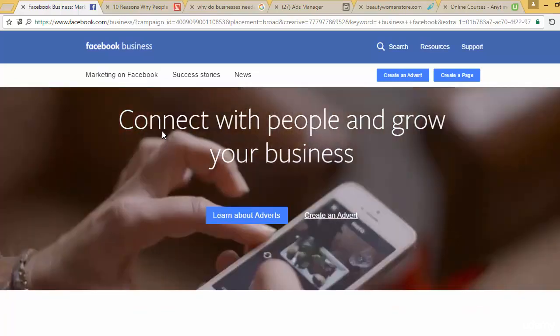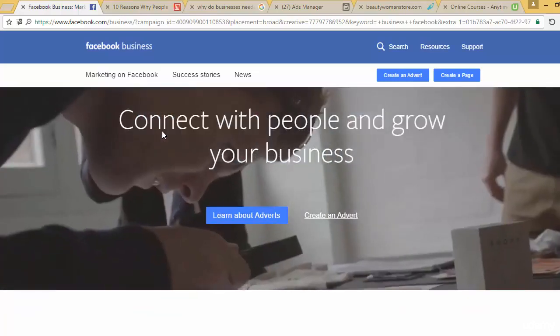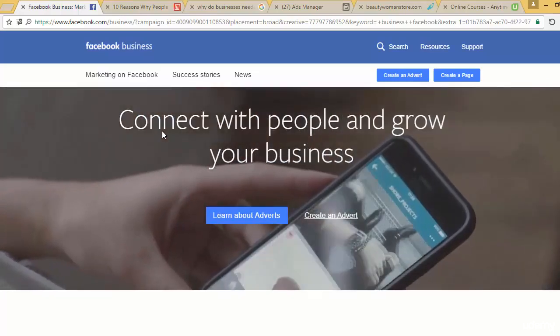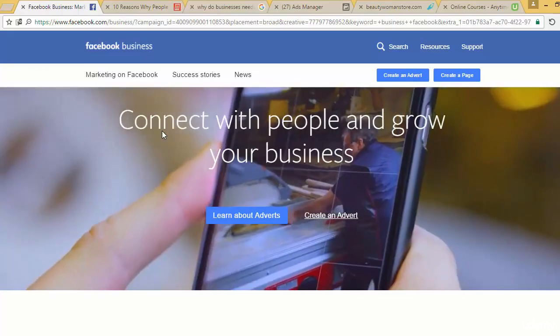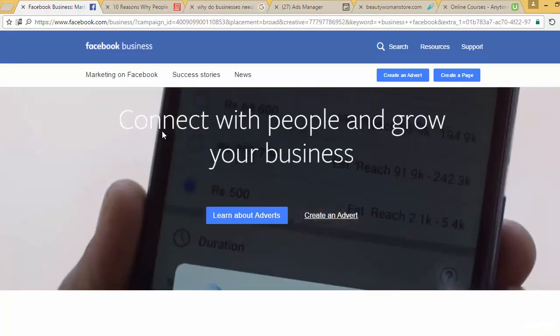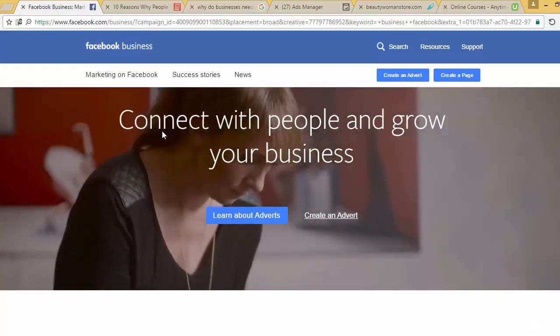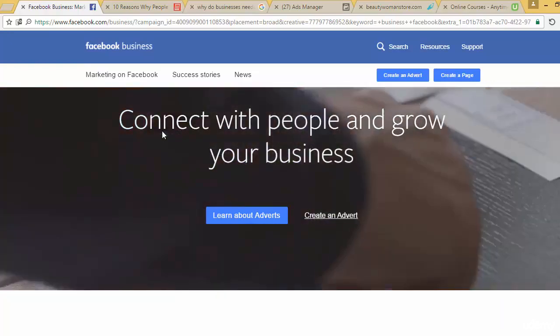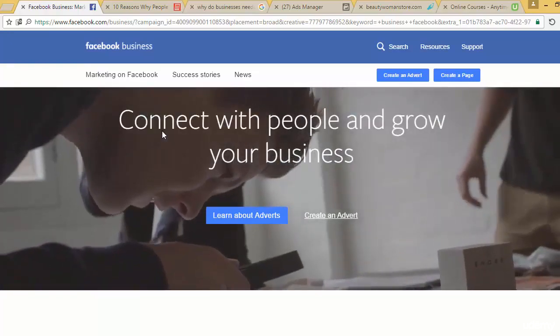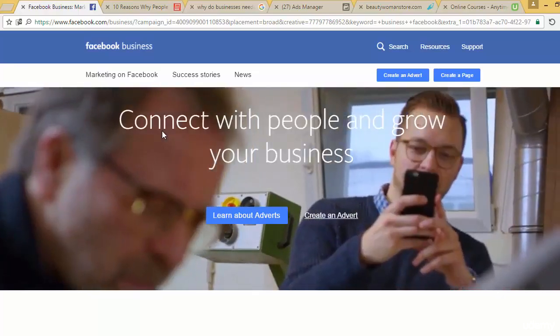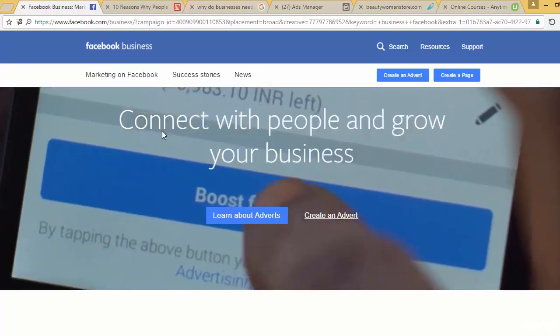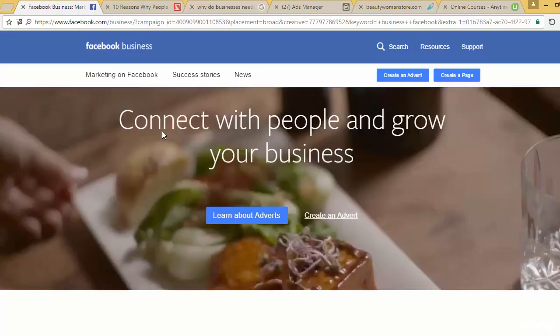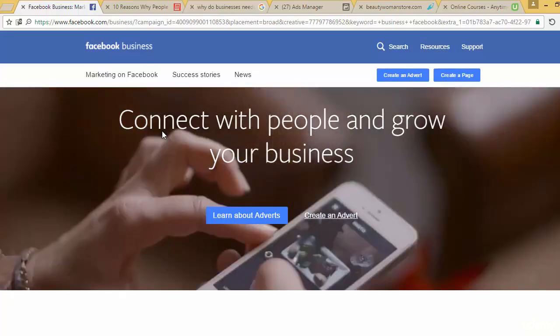But unfortunately, some people fail with the Facebook business because they skip the first three steps, FLN, and go directly to the fourth step, which is sales. That's a big mistake because you have to do the four steps step by step.